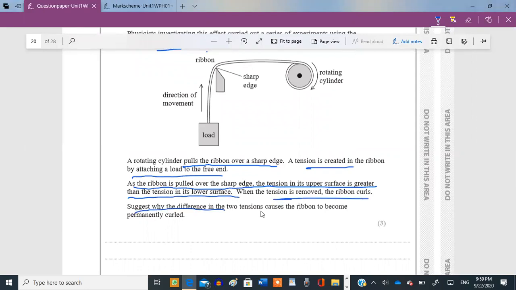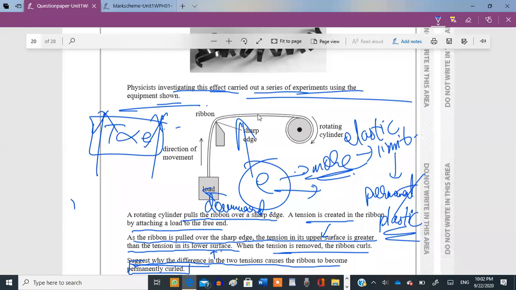Explain why the difference in the two tensions causes the ribbon to become permanently curled. The surface which has a greater tension would extend more and may undergo plastic deformation. The outer, upper surface, this one, has more tension as compared to the inner one. That means the outer surface would undergo more deformation.